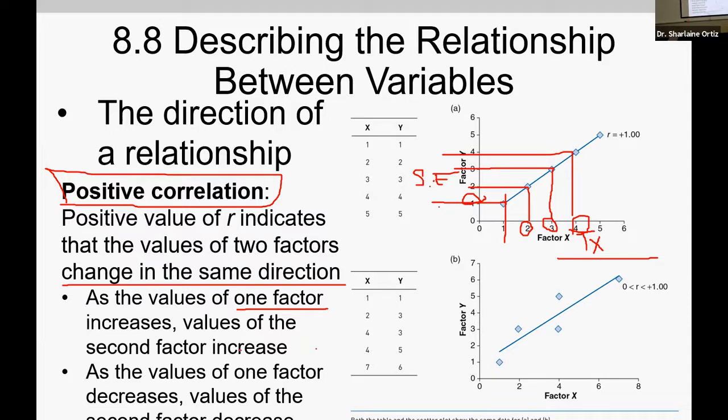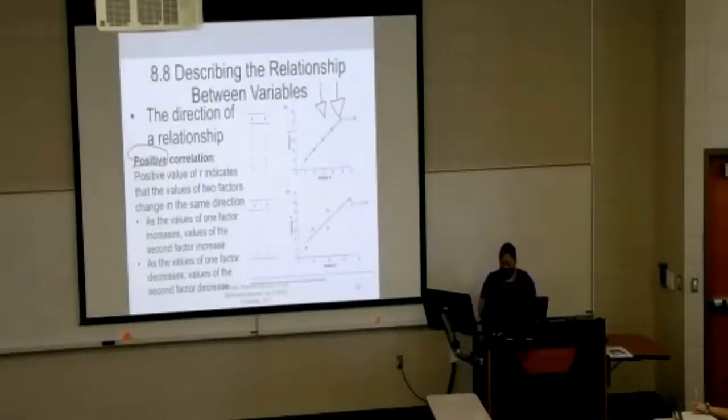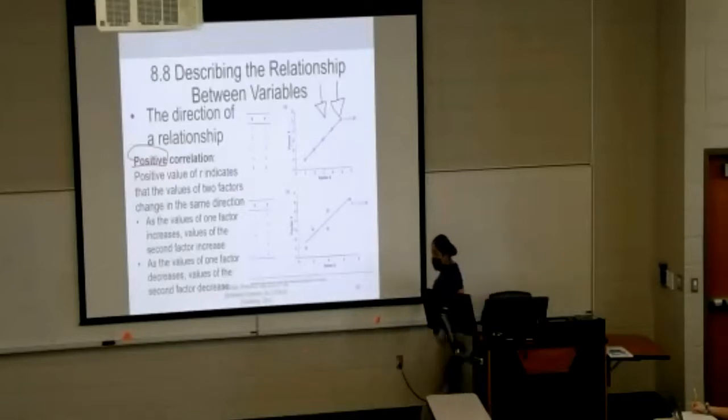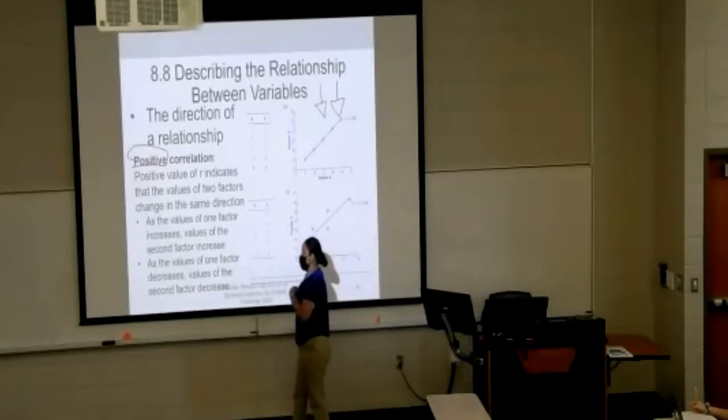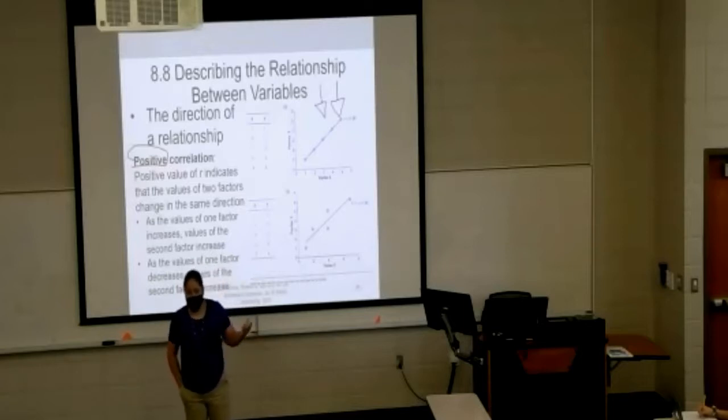Now, by the same token, I don't want you to think that positive means increase. Positive in this regard only means direction, right? So that also applies if one factor goes down, the other factor will also go down, right? An example would be, the less a person is able to communicate their feelings, the worse they're going to be.